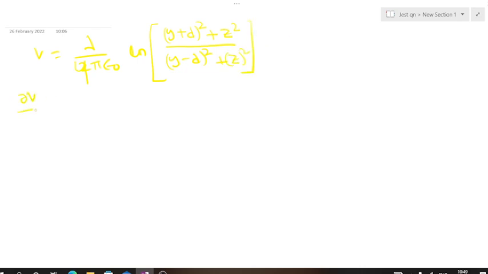So del V by del y will be lambda by 4 pi epsilon naught, derivative of ln is 1 by that factor.